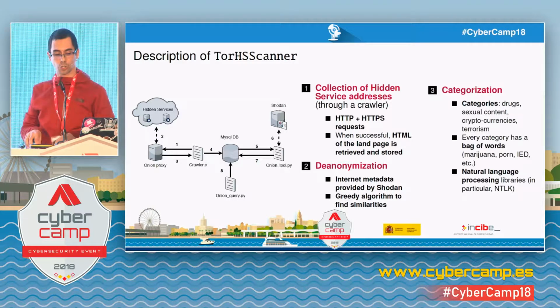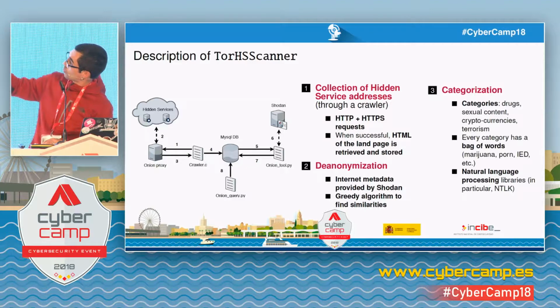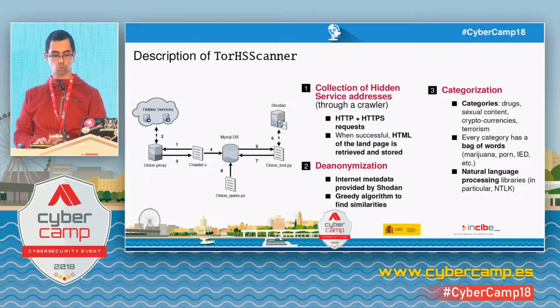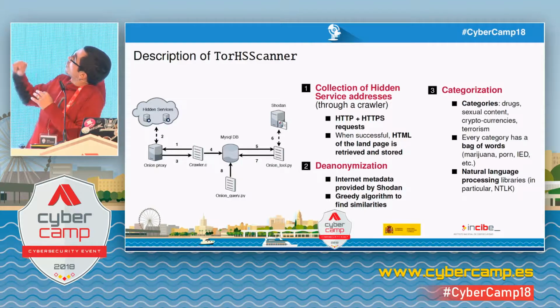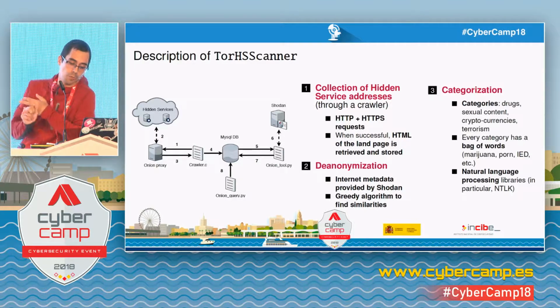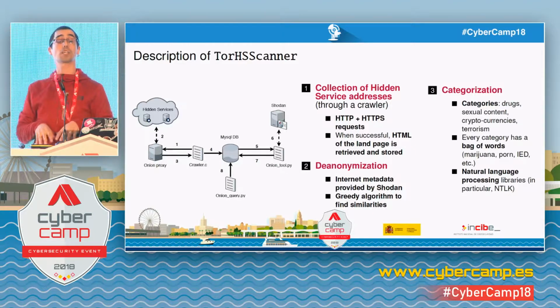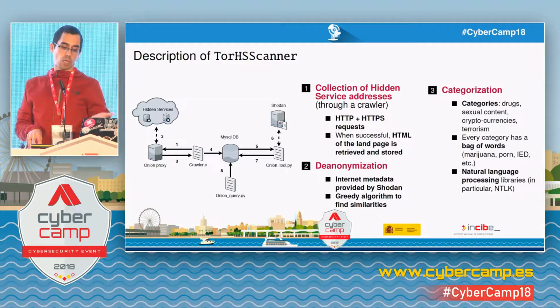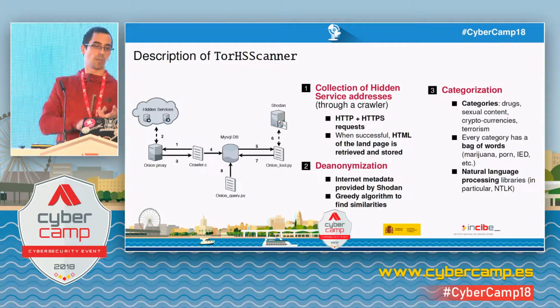After the anonymization, we moved on to categorization. The main site HTML of each of the services has been classified in four categories: drugs, sexual content, cryptocurrencies, and terrorism. And we have defined a number of key terms for each category.